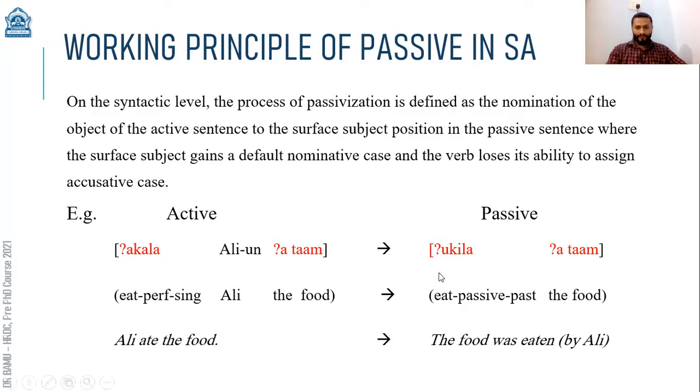From this example, we can see that it is possible because what happened is we have applied the economy approach, minimalist approach, by deleting the doer and changing the sentence into passive without presenting or without speaking out loud the doer.